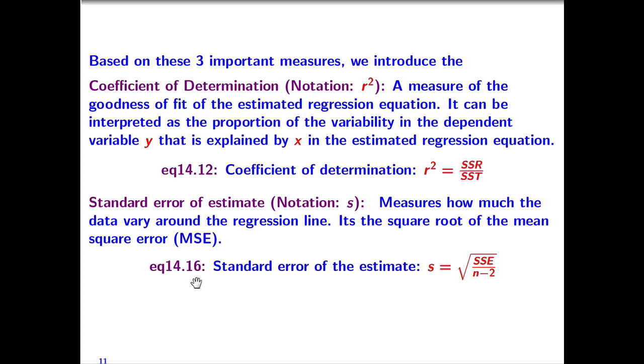And here's the equation used to compute the standard error of the estimate. S equals the square root of SSE over n minus 2. And because this is an error term, we want this value to be small.